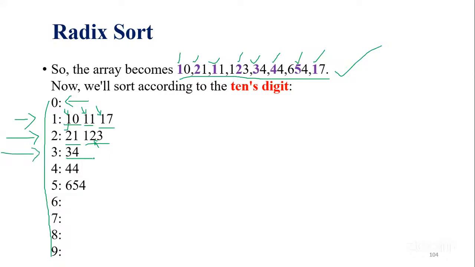Identify the number where we have 3 in the tens position: 34. For the 4, 44. For the number 5, 654, because 5 is in the tens position here. We don't have any numbers with 6, 7, 8, or 9 in the tens position. We have these numbers only finally.